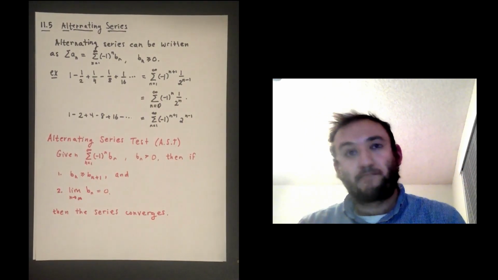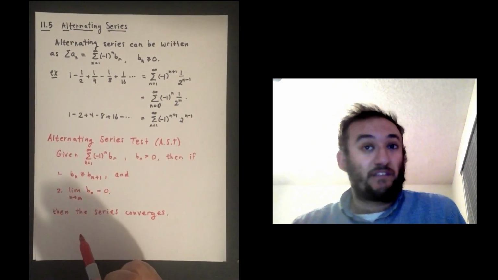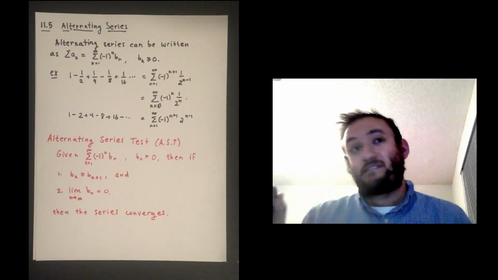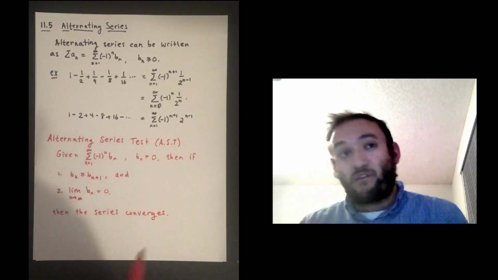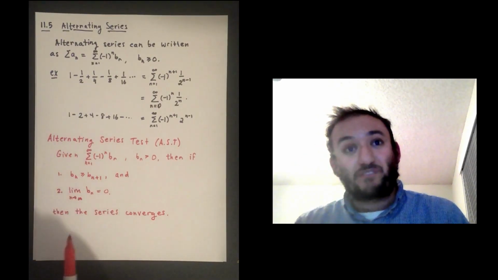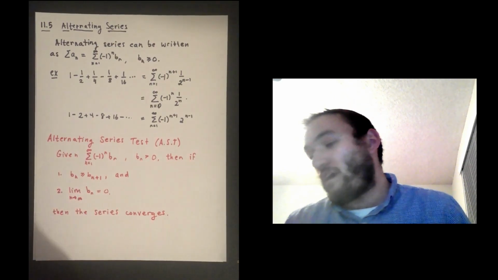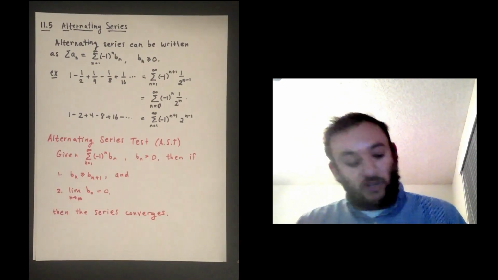Okay. So those are two pretty weak conditions, right? As long as you have a decreasing sequence going towards 0, then the alternating series associated to those terms is convergent. That's pretty powerful.